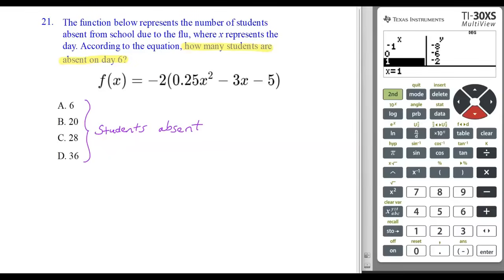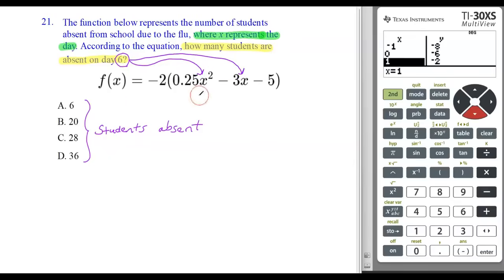It says here that x represents the day. We're dealing with day 6. So basically, x equals 6. So I'm going to just plug this 6 right here to x here and here.